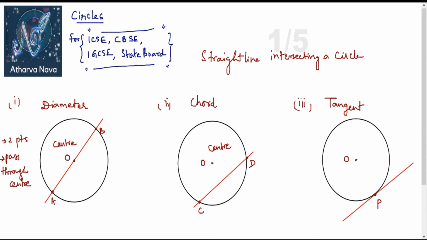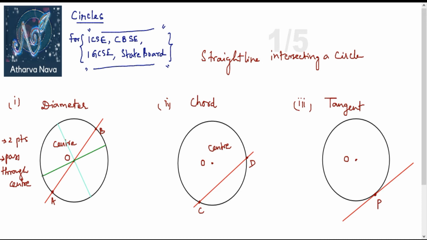The diameter can be in any direction, okay? It can be like this, it can be like this. I'll show another line so that you can understand better. This is also a diameter. Why?